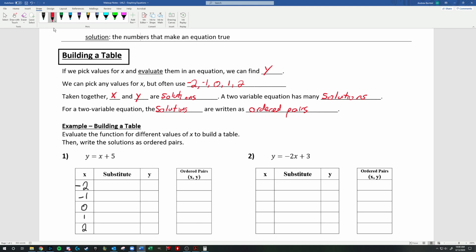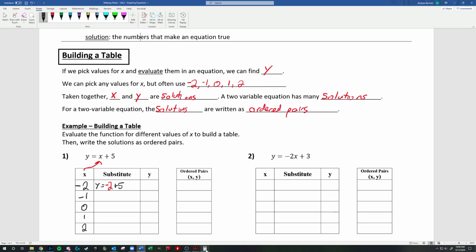When we have these values of x, we have to substitute or replace those values in the equation. So for number 1, we're going to have y equals -2, because we're replacing that x with the x value, plus 5.